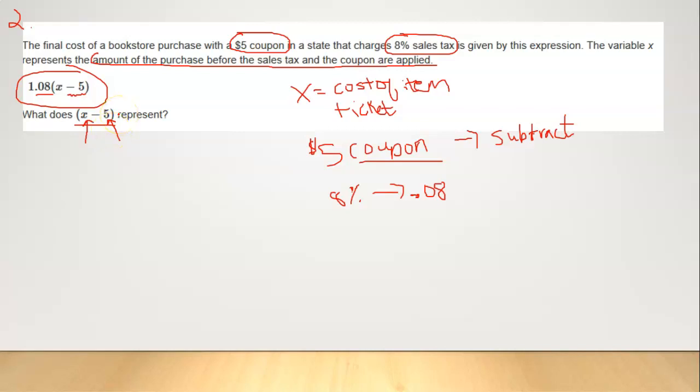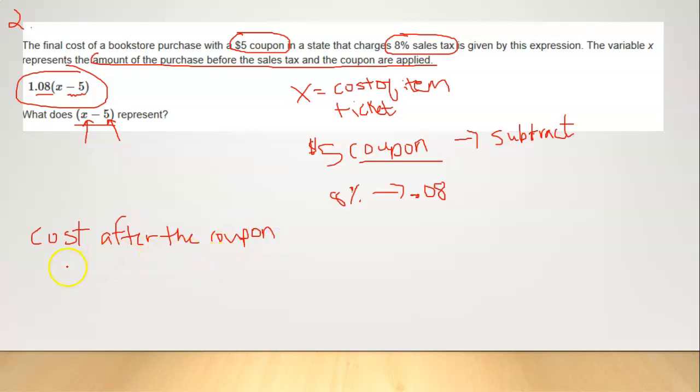So when you take x and you subtract 5 from it, we could use a few different ways to describe this. I would probably just say it's the cost. You could say it's the cost after the coupon, right? Because we subtracted that coupon.